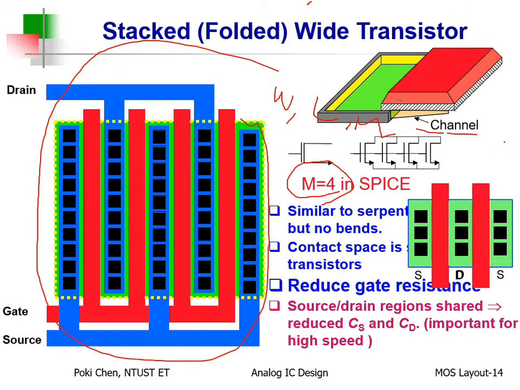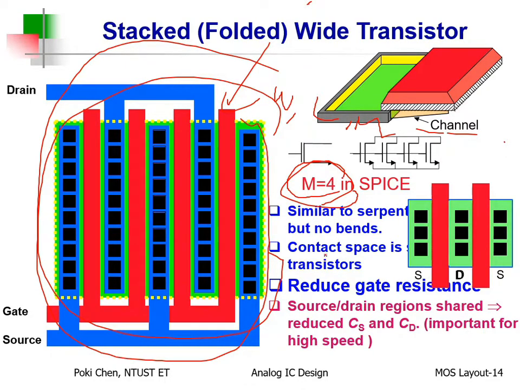When you write down M equals 4, automatically, you need to know, it means you segment the transistor into 4 pieces, then overlapped, stacked the layout for those 4 fingers. Okay, you need to think about this.